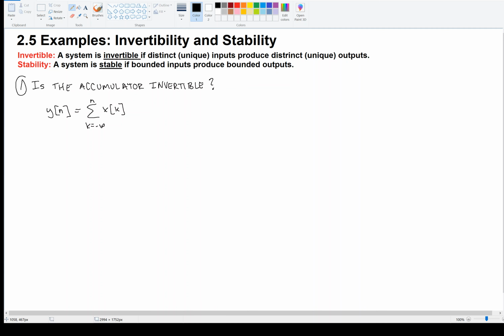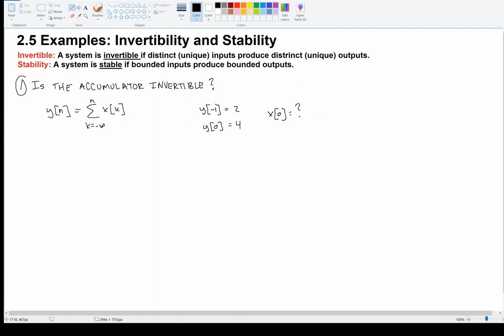Remember, the concept of invertibility is trying to be able to get what the input was by observing the output. So if I told you the output at the last time step, maybe at -1, was 2, and now the output is 4, and the system is an accumulator, could you tell me what the input right now was?